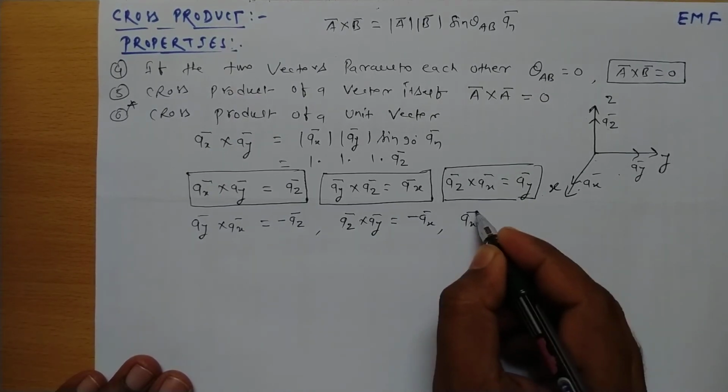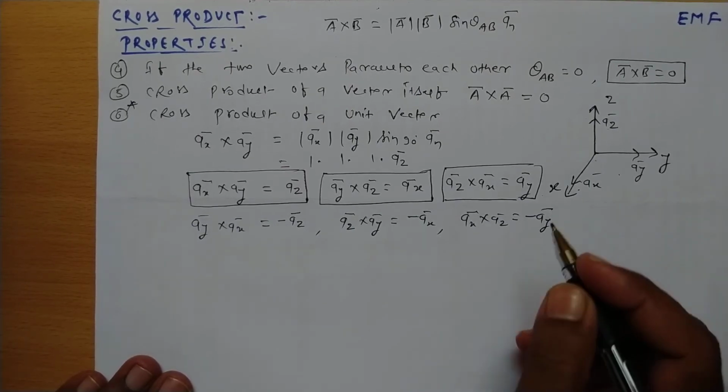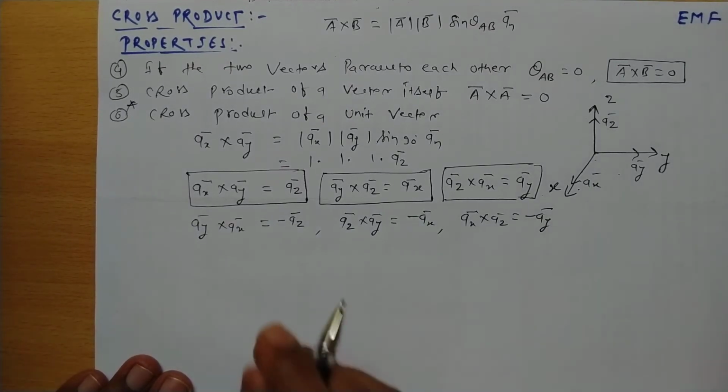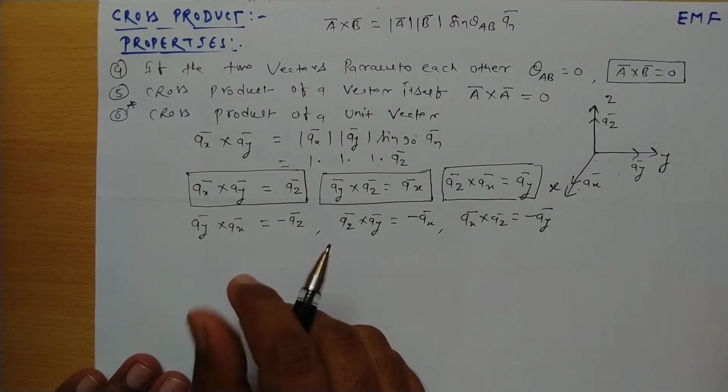And if I write AX cross AZ, this becomes minus AY, right? This again is important for the numerical.